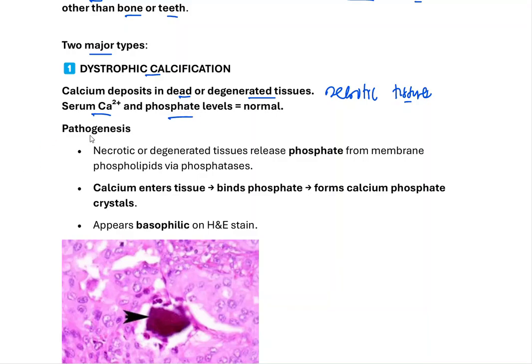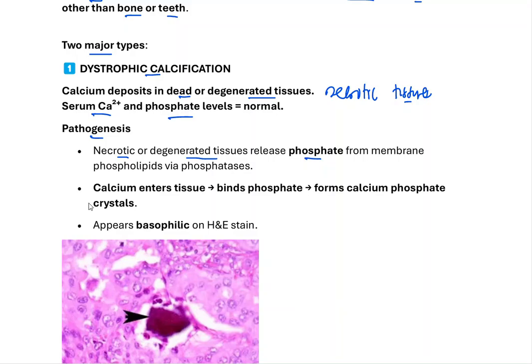So let's look at the pathogenesis of dystrophic calcification. We have necrotic or degenerated tissue, and this tissue releases phosphate from the membrane phospholipid via phosphatase. So that phosphatase releases phosphate from the cell membrane of those degenerating or necrotic cells.